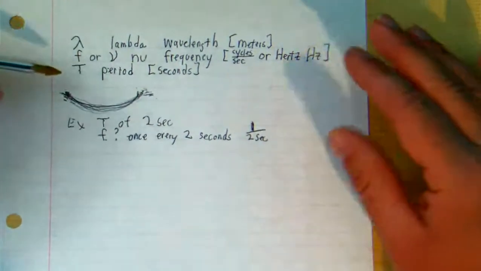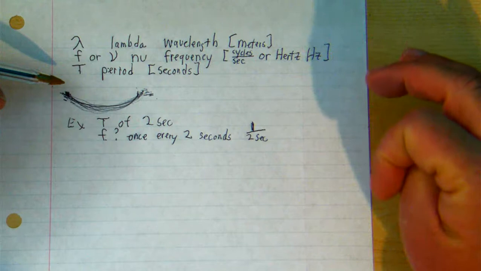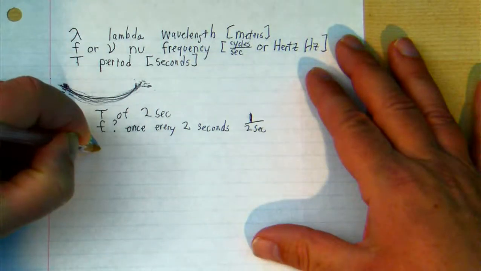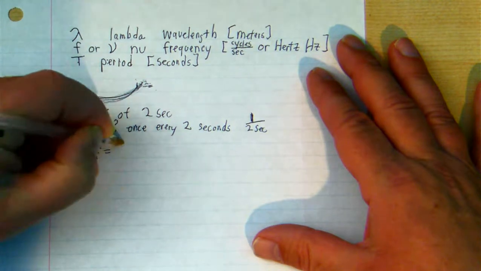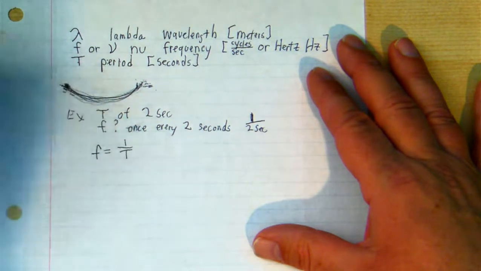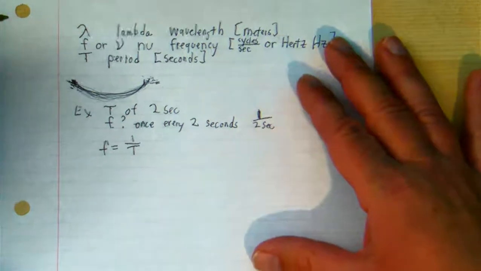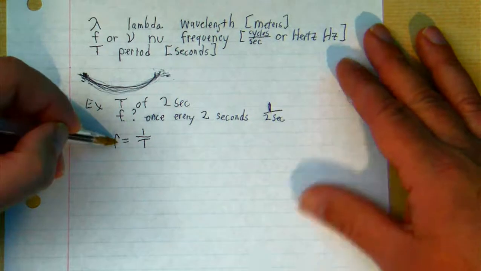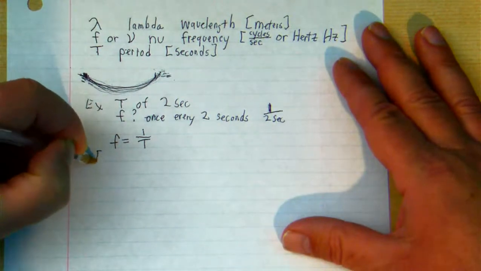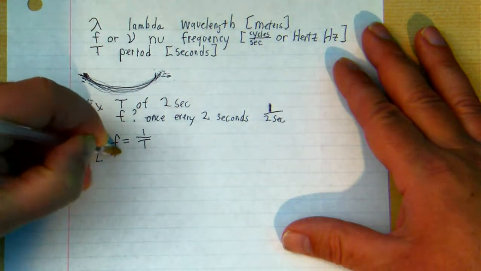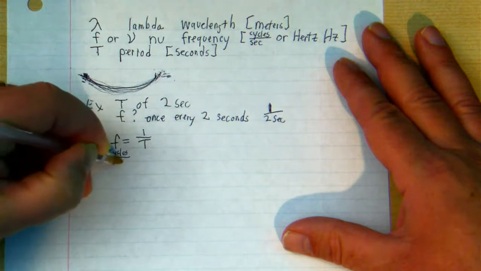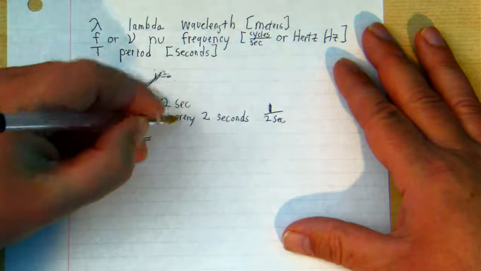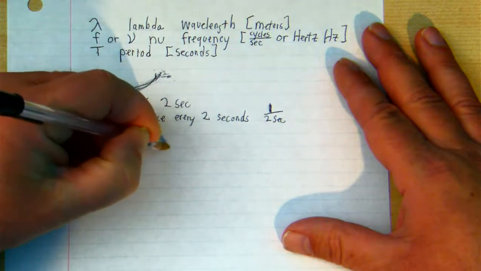Okay? So the relationship is, the frequency is the reciprocal of the period. And there should be some awareness that the units work out that way, because frequency is cycles per second, and the period is seconds.